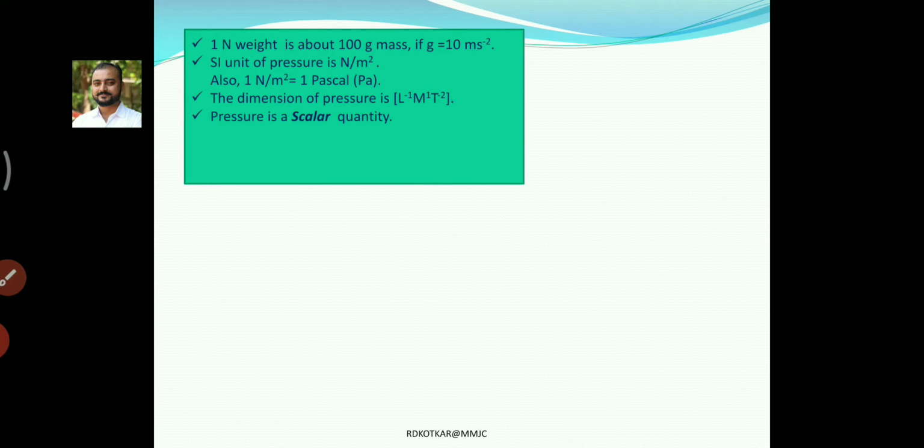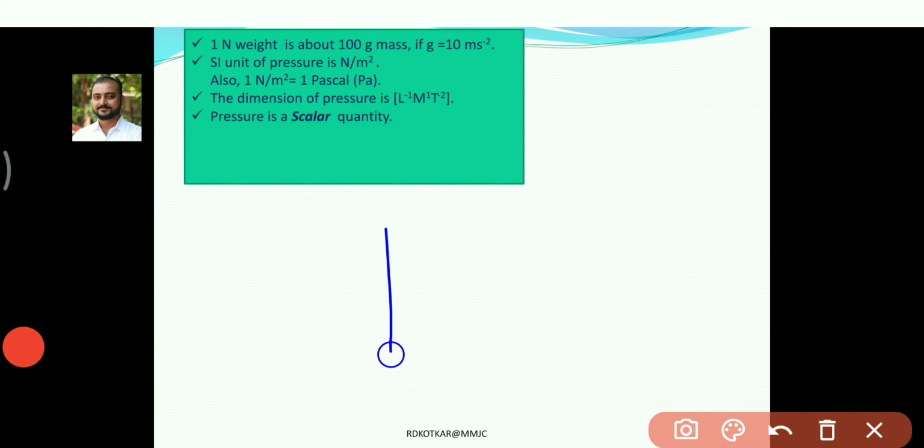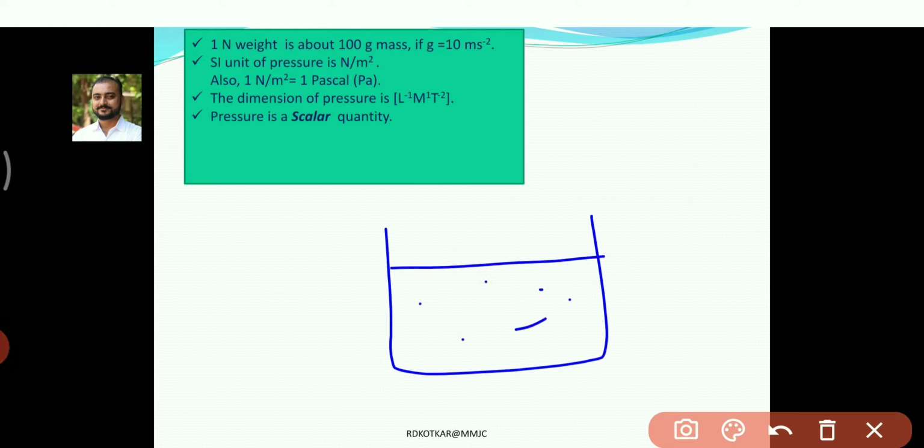What is the reason why we call pressure a scalar quantity, even though force is a vector? The liquid present inside this closed container will exert force on the walls and bottom of the container, which does not depend on direction. This means the pressure acting in this direction is the same as the pressure acting in this direction, as well as the same here also.